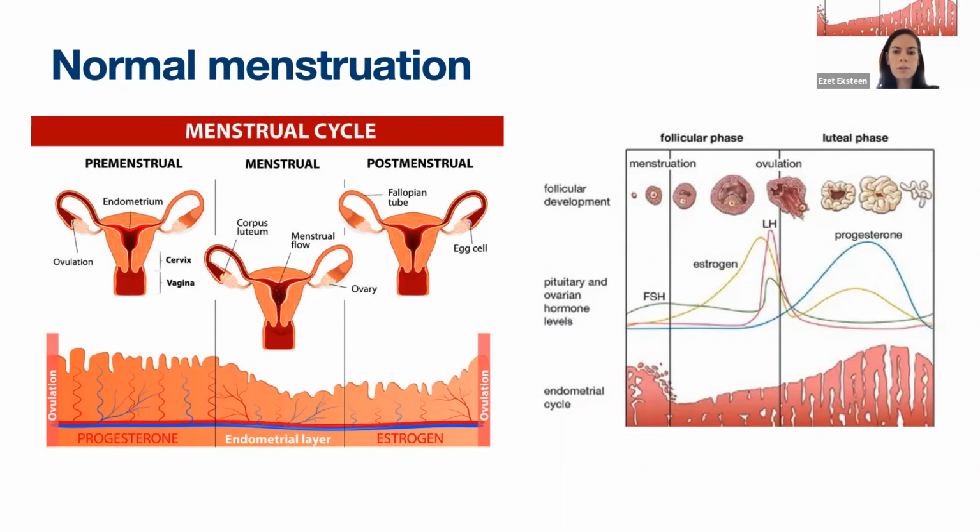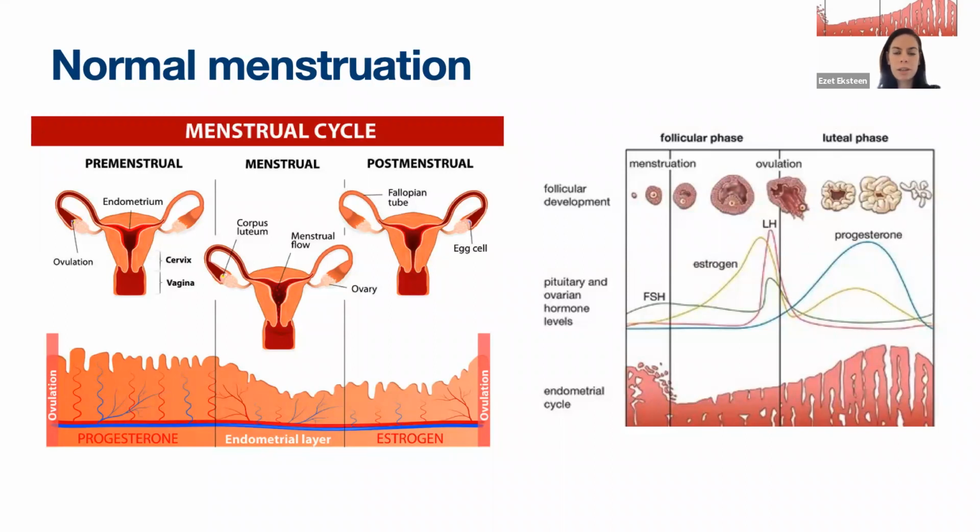During the luteal phase you get maturation or even further thickening of your endometrial lining, and thickening of your blood vessels, all in preparation for possible implantation of a fertilized egg. By the end of the lifespan of the corpus luteum, when it starts decaying, your progesterone levels start dropping.